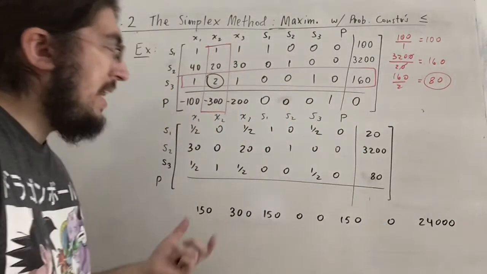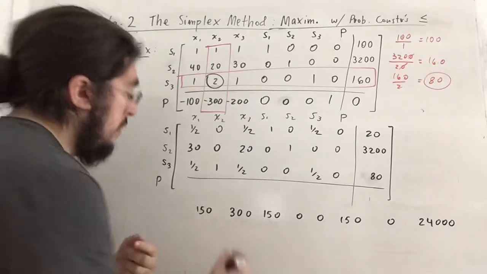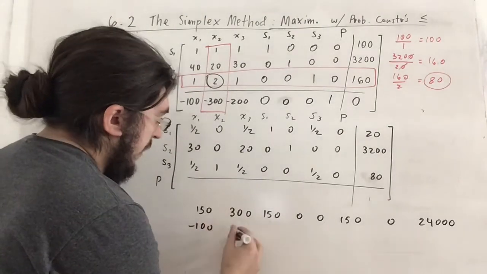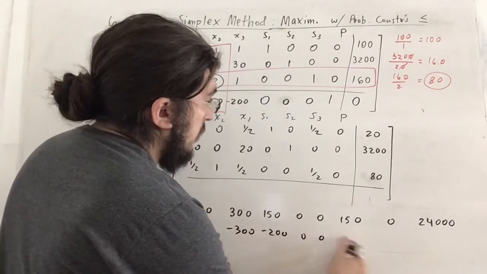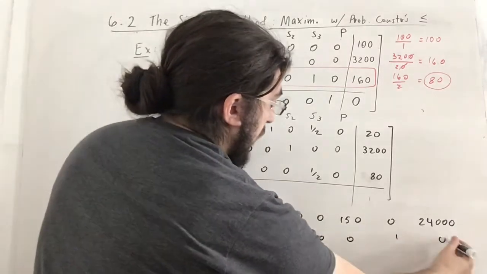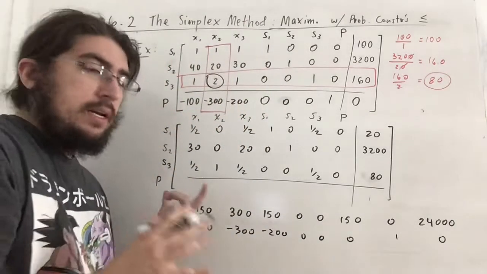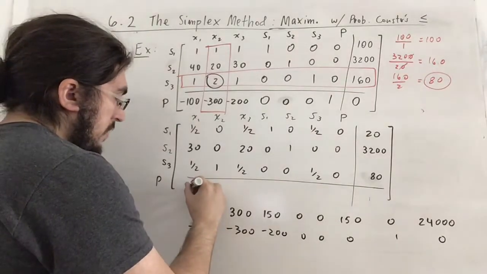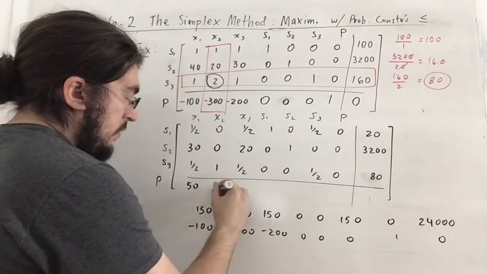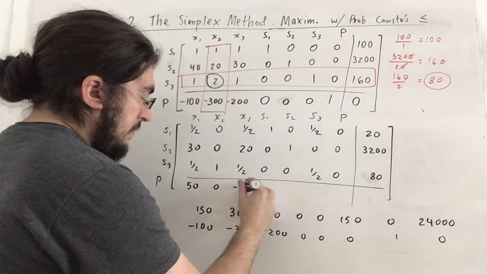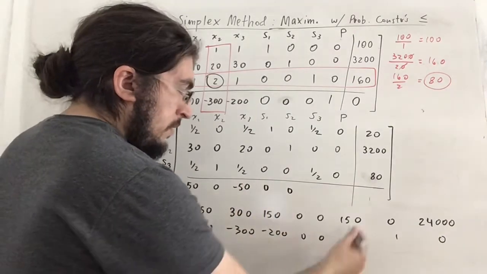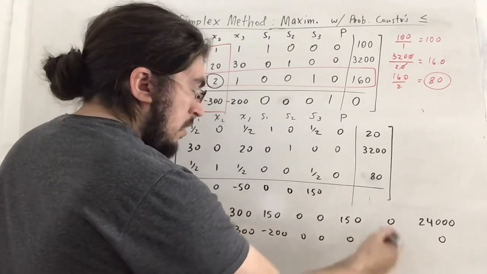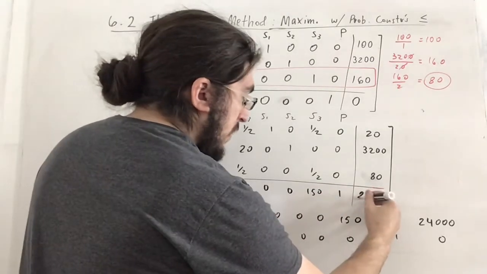Okay, and now we're adding this to the original fourth row. So it's negative 100, negative 300, negative 200, 0, 0, 0, 1, and 0. Adding these now, finally, we get 50, 0, negative 50, okay, good, 0, 0, 150, 1, and 24,000.